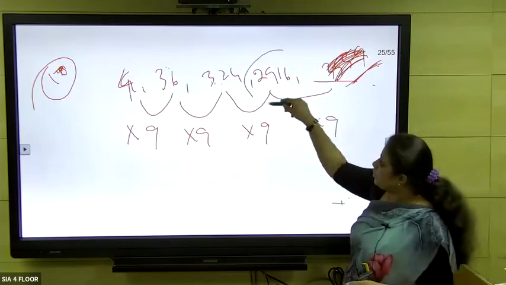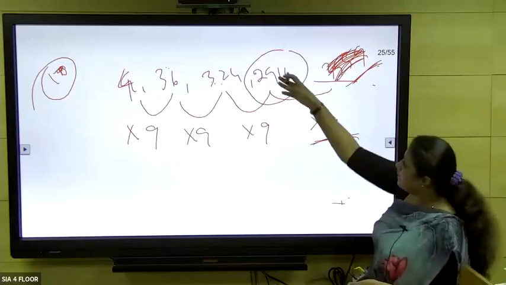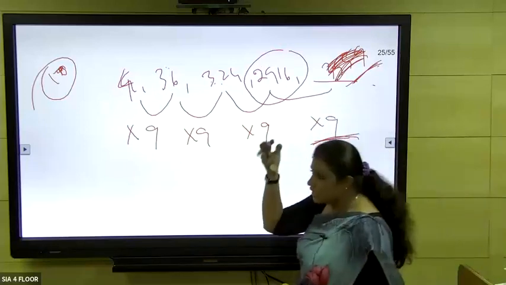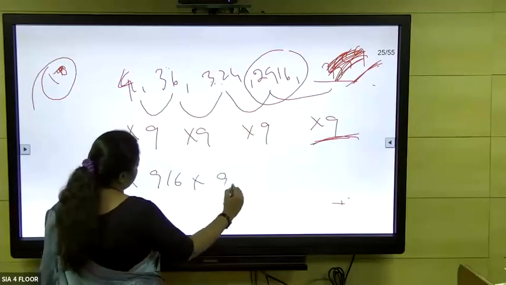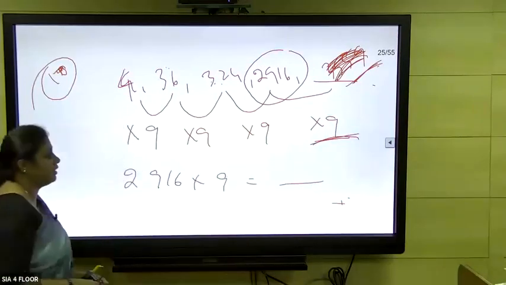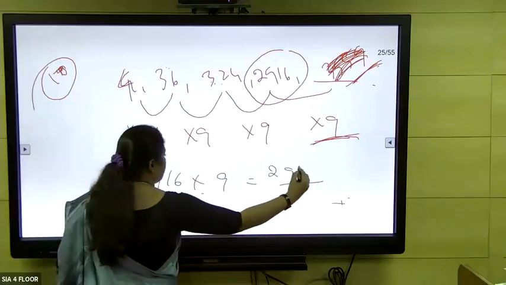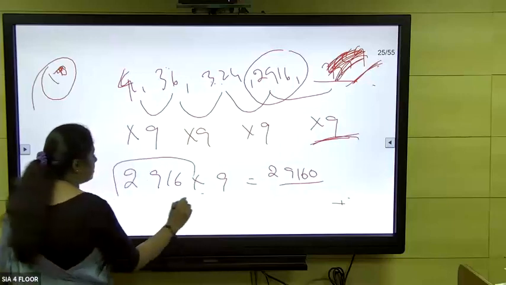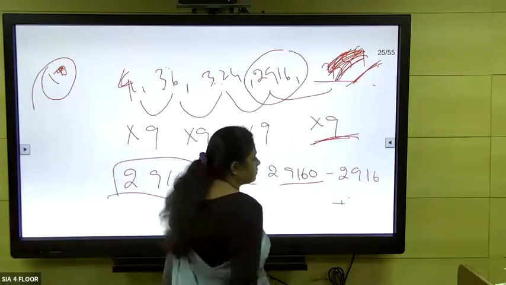I'll tell you a shortcut to multiply a number with 9. Instead of multiplying directly with 9, you can do it like this: 2916 into 9. We need a value for this, right? So you can just add a 0 here: 29160. You add a 0 to this number, and then subtract the same number to get the answer.